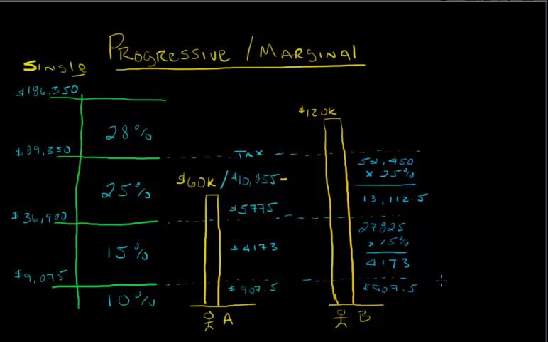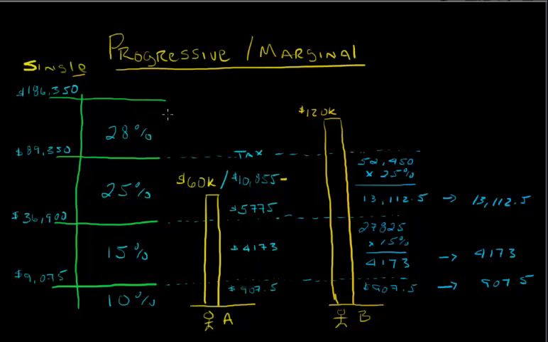Okay, and let me move all these out here. 907.50. You have 4,173. This number out here, 13,112.50. And then we go to the 28% bracket.